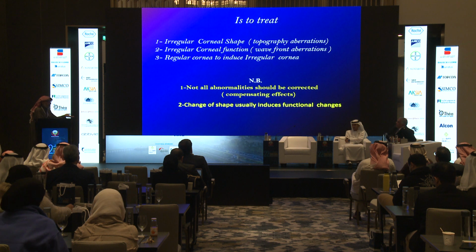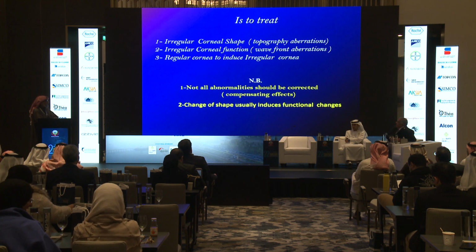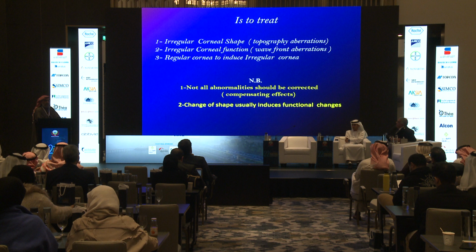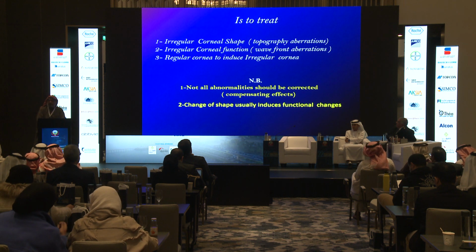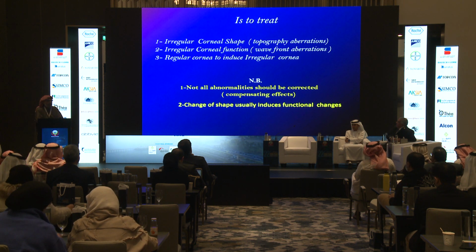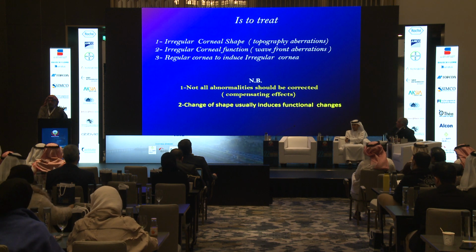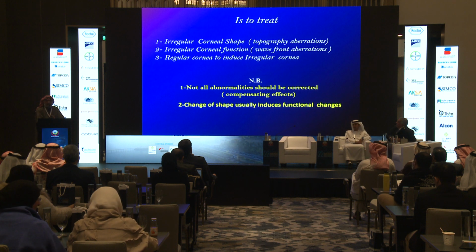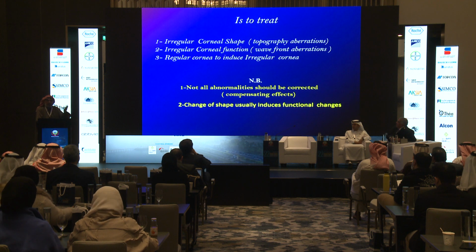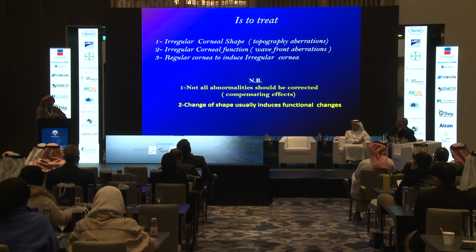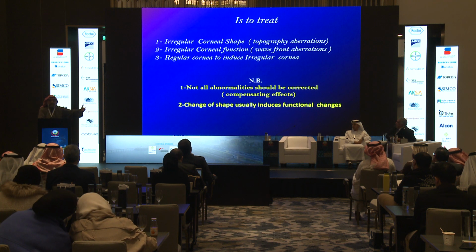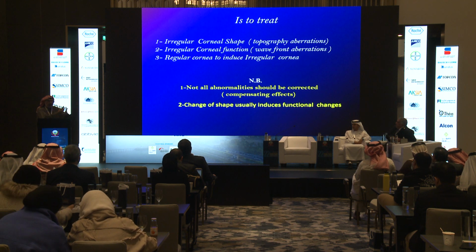And keep in mind, not all abnormalities should be treated, because you may have an abnormality on the surface of the cornea that is already corrected by the back surface, the posterior part of the cornea correcting the anterior part, or by the lens or the vitreous, whatever. The total error is nothing. Something is correcting. But if you try to correct what you see in front of you, you end up with another problem behind. They are neutralizing themselves, so don't try to correct them.